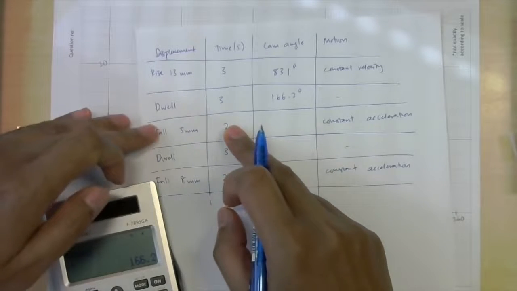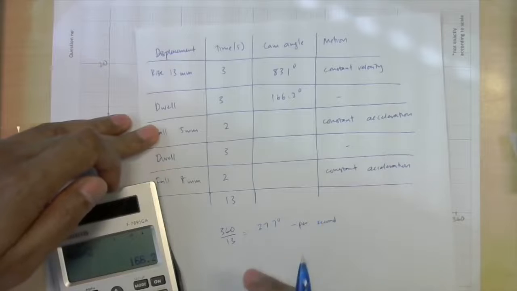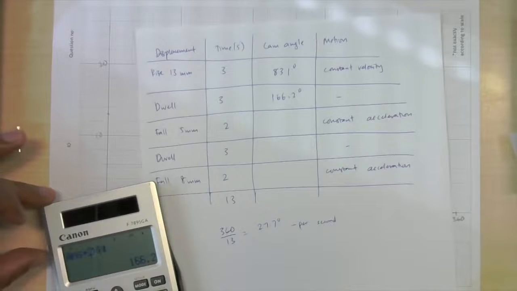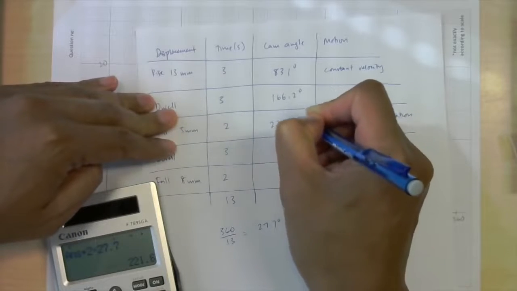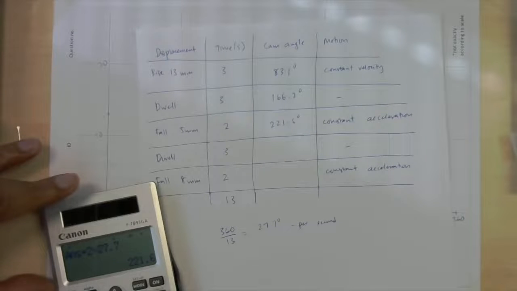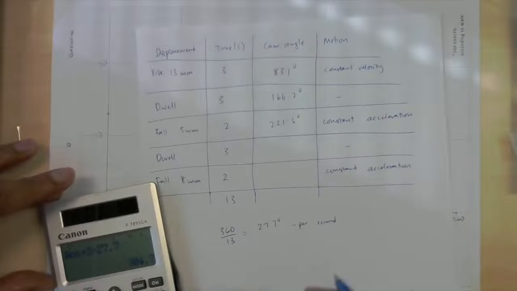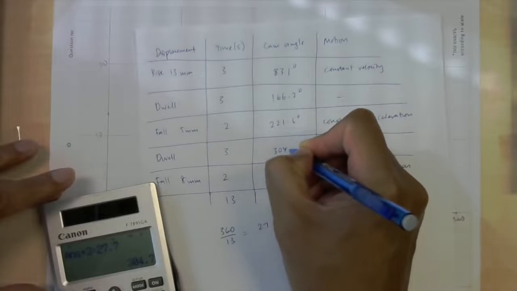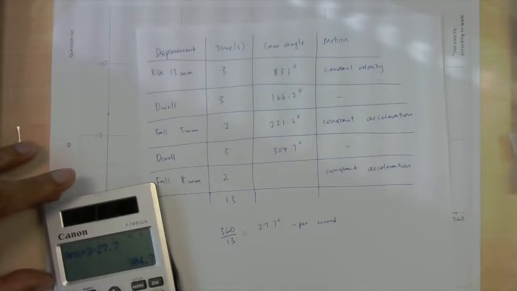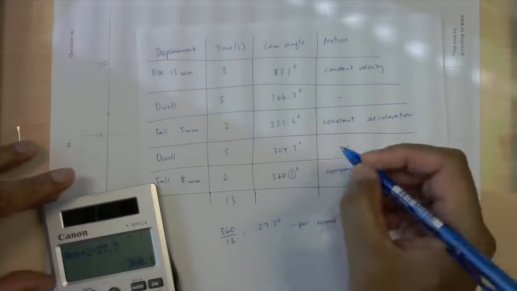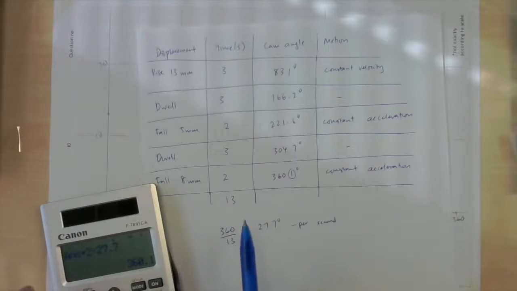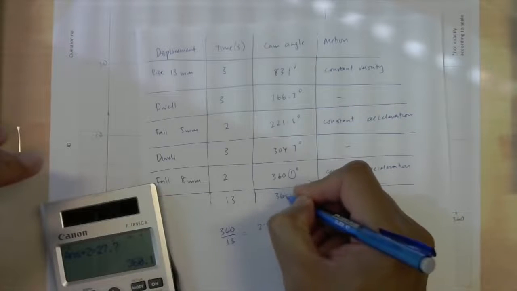Then here 166.2 plus 2 times 27.7 is 221.6 degrees, then plus 3 times 27.7, in this case it is 304.7 degrees, and plus again 2 times 27.7, which is 360.1 degrees. Well, we can basically ignore this 360.1. So total is basically 360 degrees.